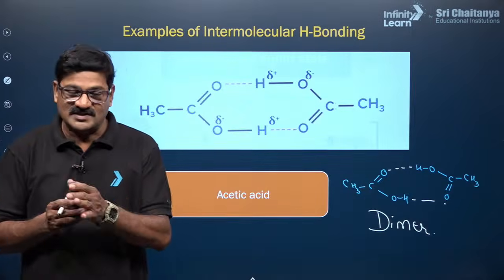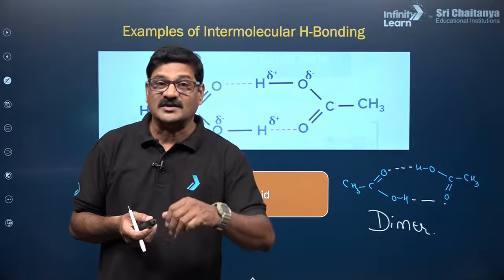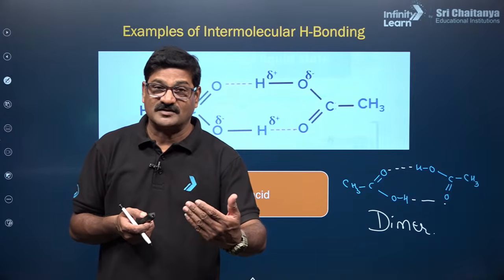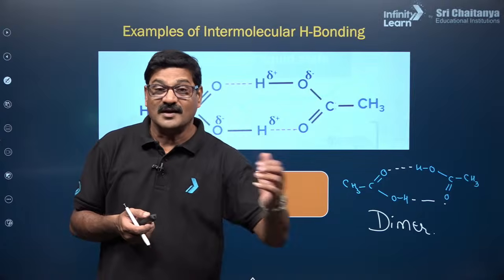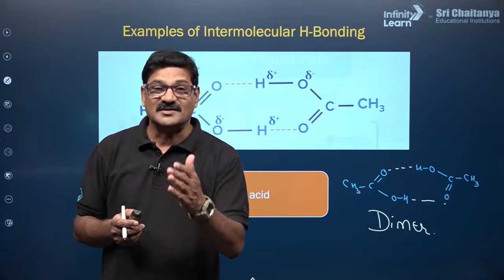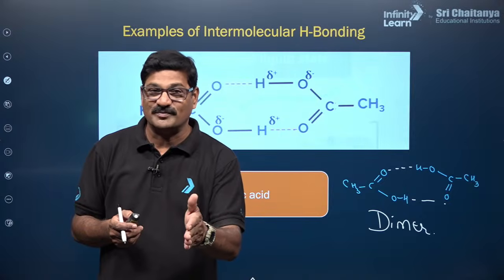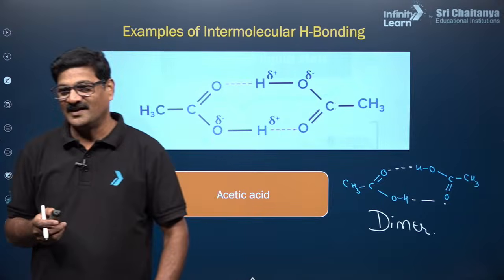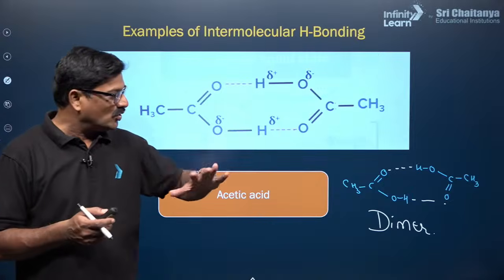When acetic acid is dissolved in water, it ionizes, and the van't Hoff factor i is greater than 1. When acetic acid is dissolved in benzene, it dimerizes, and the factor i is less than 1. Remember these noteworthy points.